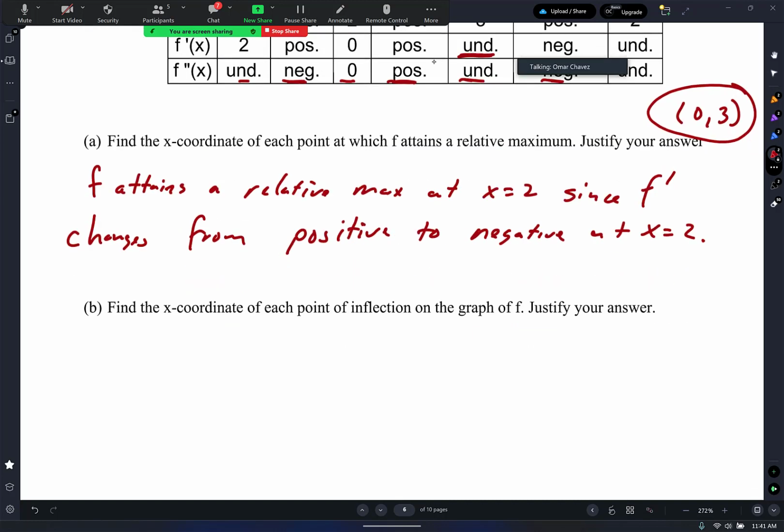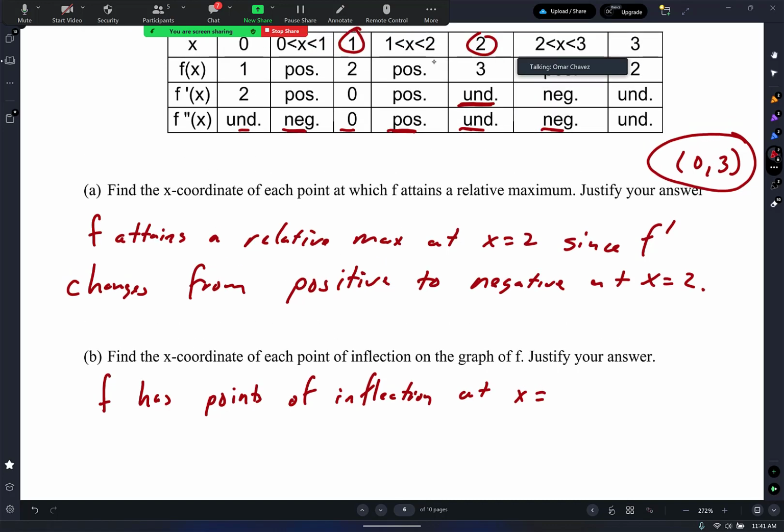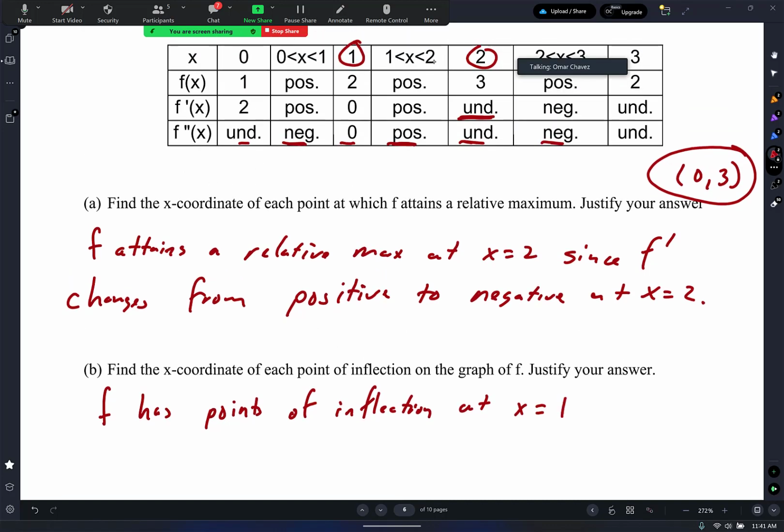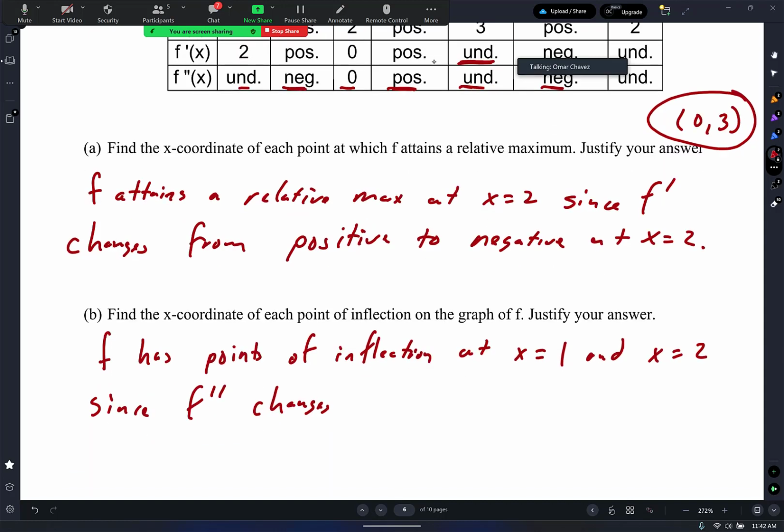So I'm going to write f has points of inflection at x equals 1 and x equals 2 since f prime changes, and you always want to put the first one first.